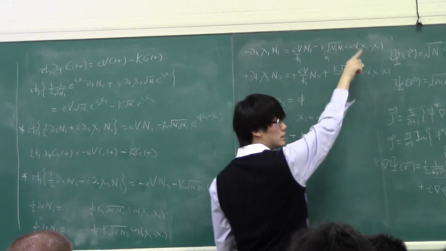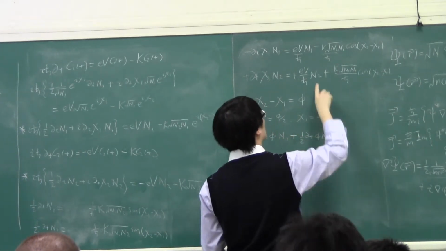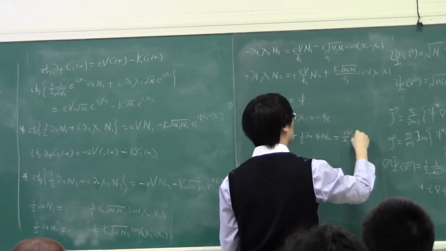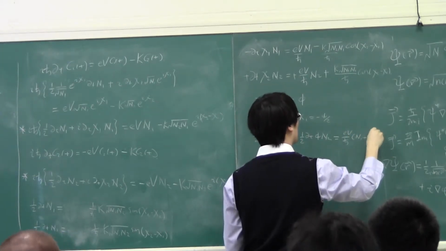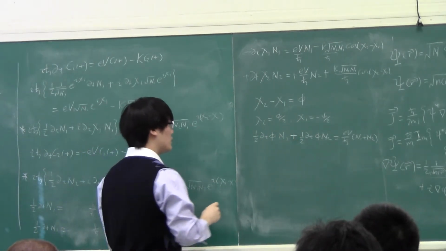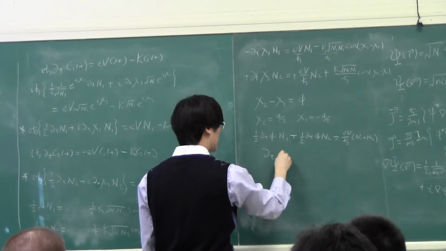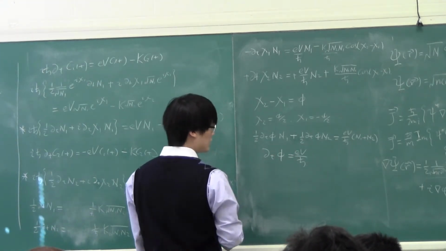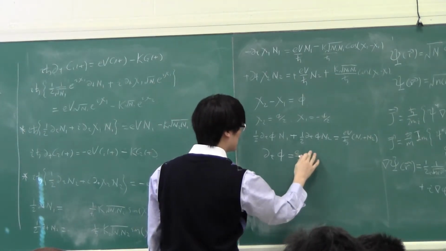On this side, clearly these two cancel. You have a combination of terms here, E V over h bar, n1 plus n2. So now you can go ahead and cancel n1 and n2. So you get dt phi is equal to E V over h bar. All right. And then we put the voltage.